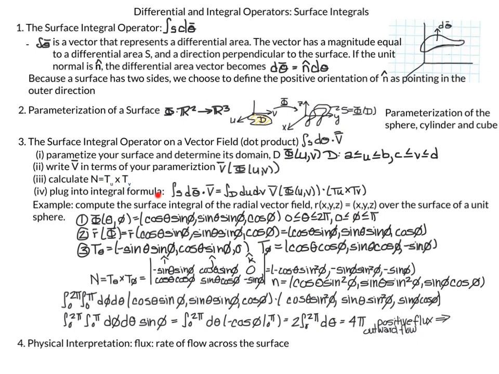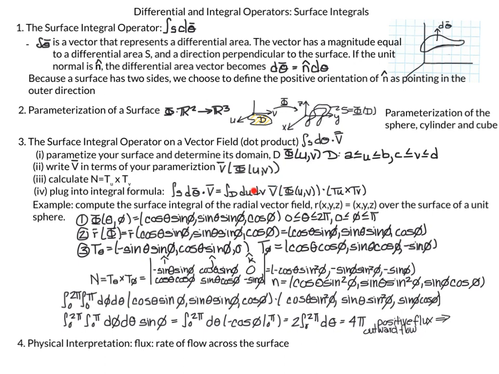Then we plug it into our formula. Now that we have all these different components, we evaluate the surface integral d sigma dotted with V by taking the integral over the limits. It's a double integral here because it's over the domain: V of phi of u, v dotted with t_u cross t_v.